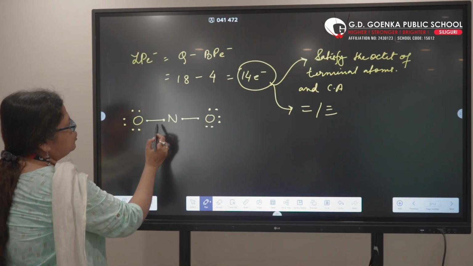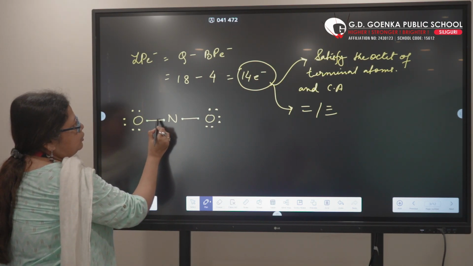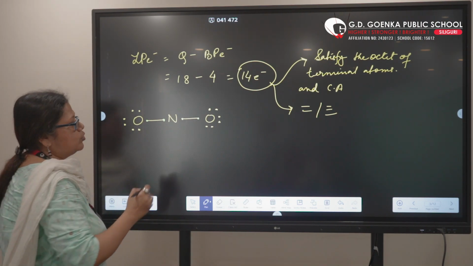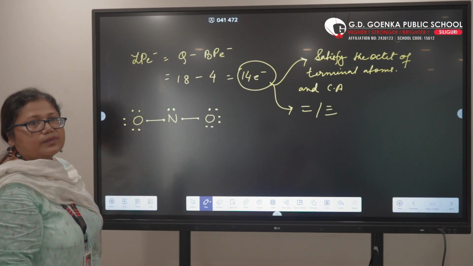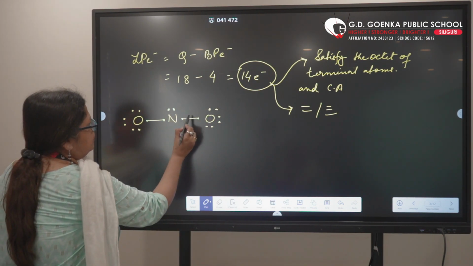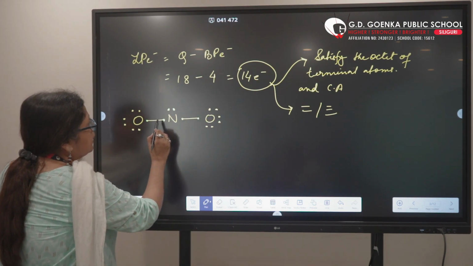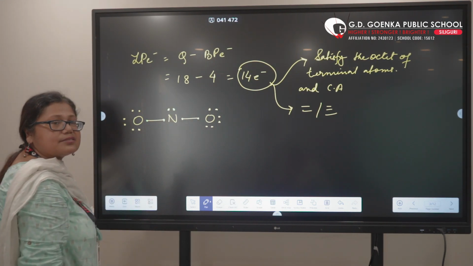Now check nitrogen. Nitrogen over here we are having what? 1, 2, 3, 4, 4 electrons. If we utilize the remaining 2 electrons which are left as lone pairs, what will happen? Still we are not able to complete the octet of nitrogen, right? See, 1, 2, 3, 4, 5, 6.